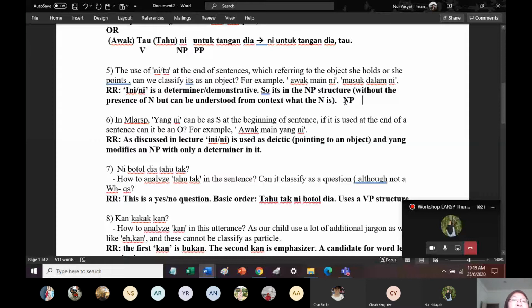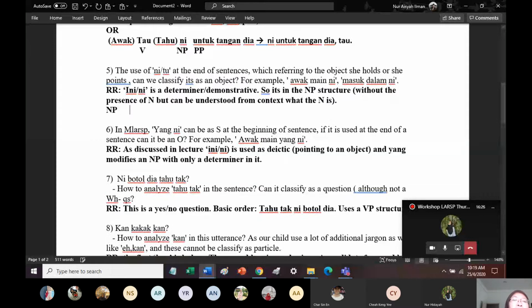NP tu dia ada, so I would say mainan, masukkanlah apa konteks itu ni.